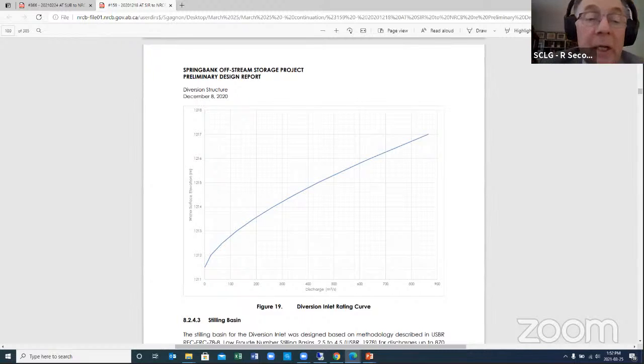And the addition of the access bridge to the design, did that not result in a decrease in the discharge shown in the rating curve at the water surface elevation of 1,216 meters? It did not. I do not believe the rating curve actually has changed between the two timelines.